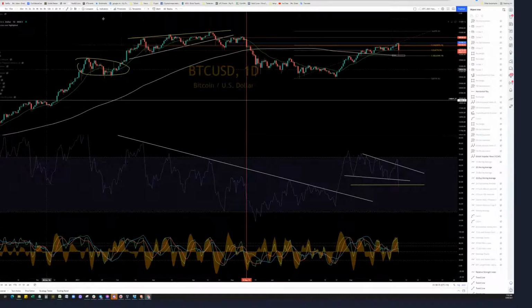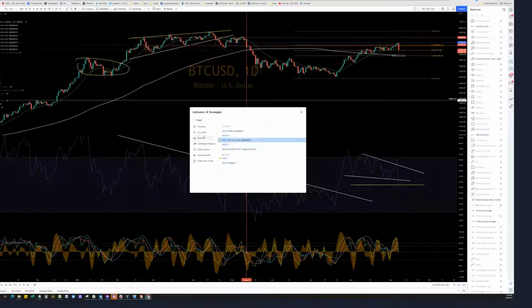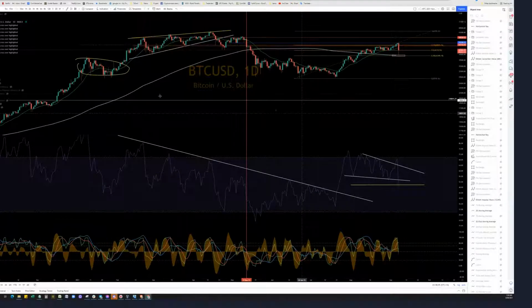Wow, doesn't work. Wow, here we go. Why is it? I've put it there a few times, but it's just not showing on the chart.